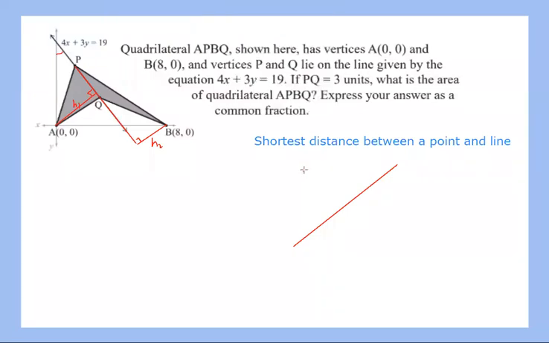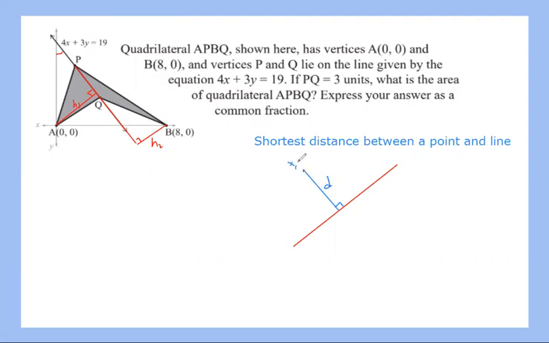You can have a segment like this, a segment like this, a segment like that. But the shortest one that you can have is going to be the one that is perpendicular. I'm going to call this D, the distance.